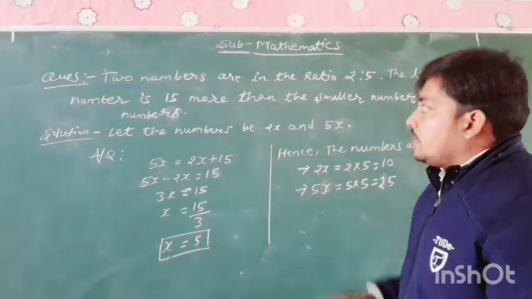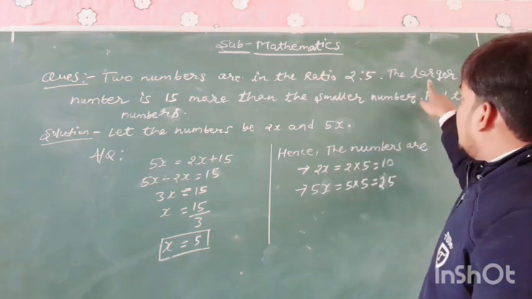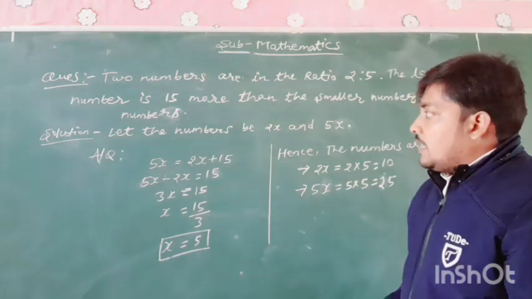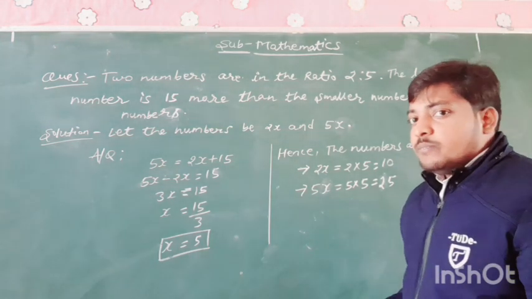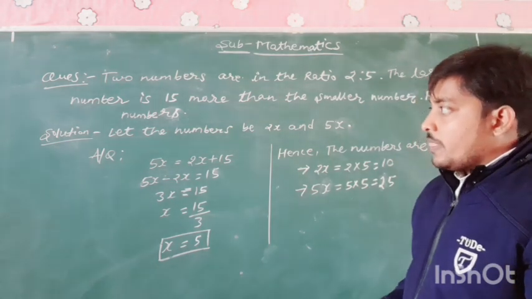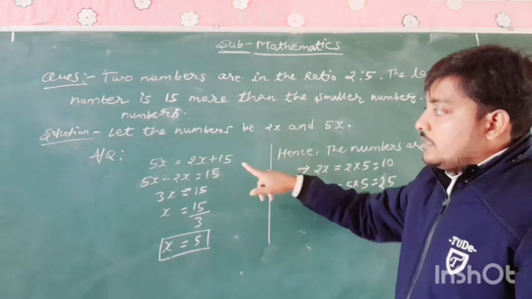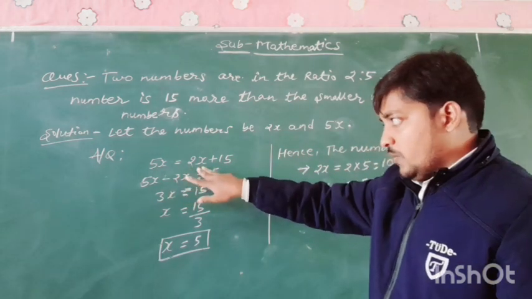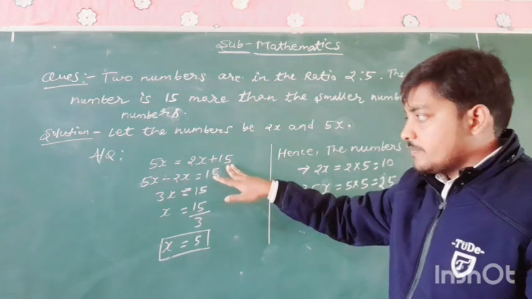The relation between both numbers, larger number and smaller number. The larger number will be 15 more than the smaller number. Then the equation will be 5x equals 2x plus 15.